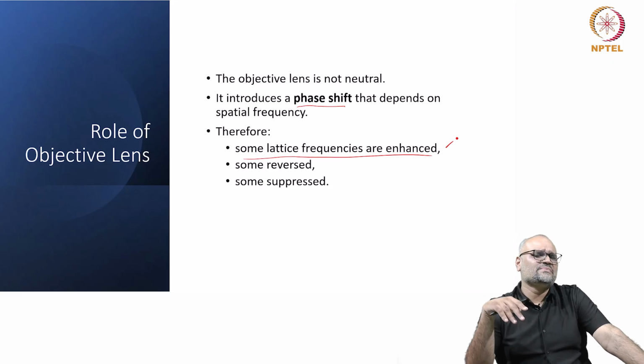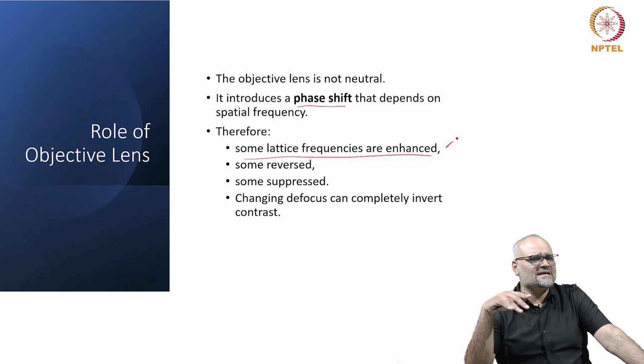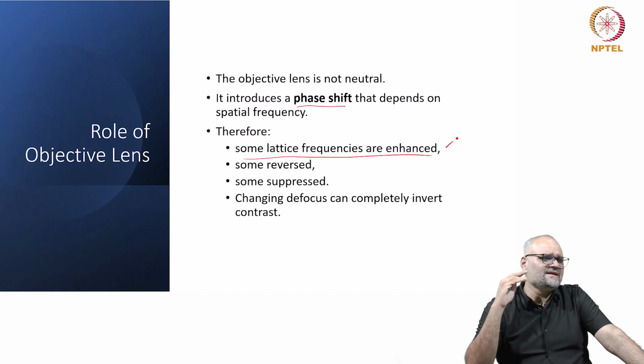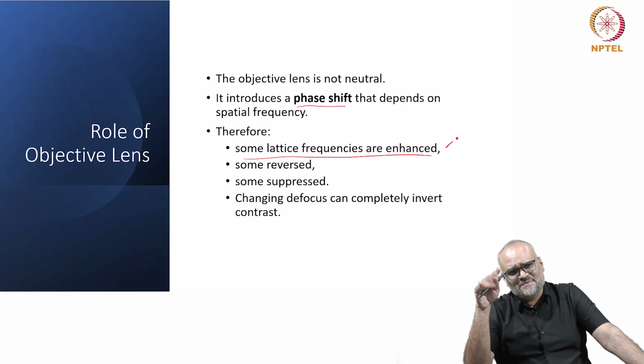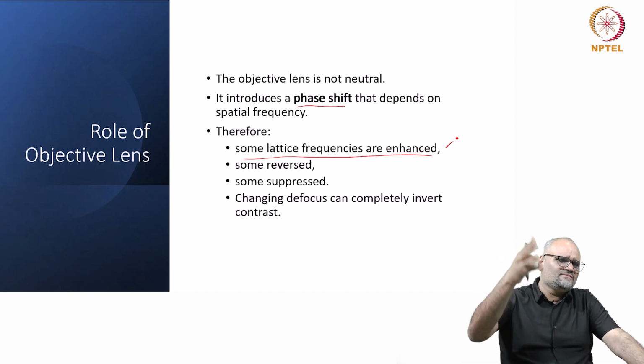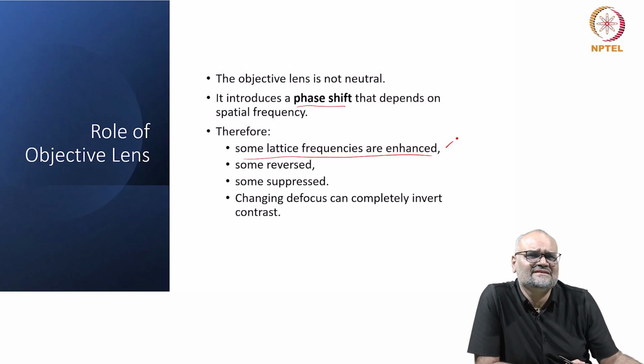I showed this example with just an amorphous area, but maybe later I will show you some simulation in one of the software packages on how changing the focus changes your contrast. So changing defocus can completely invert the contrast. This explains why an HREM micrograph may show you fringe spacings or lattice fringes which potentially cannot exist physically within the crystal.